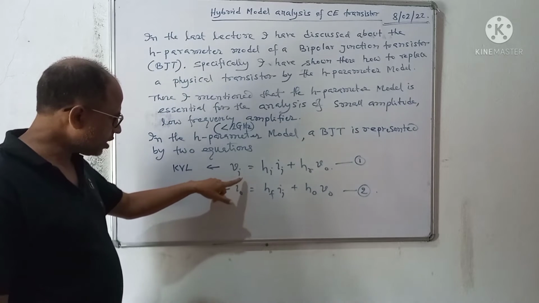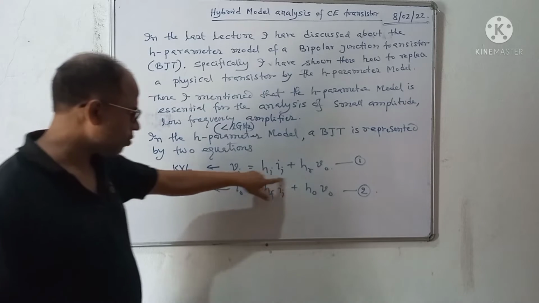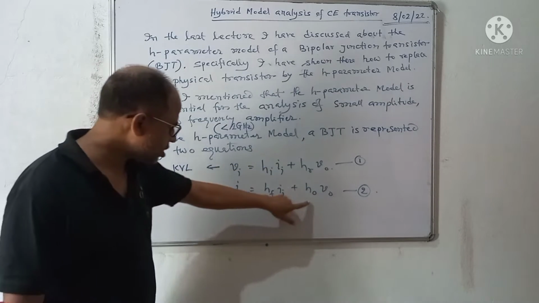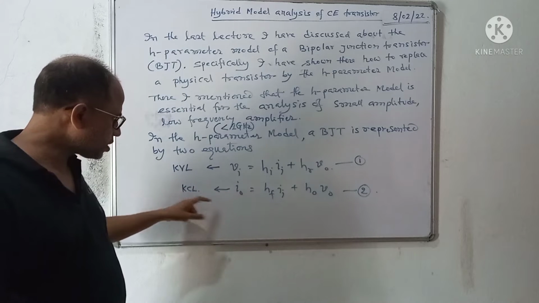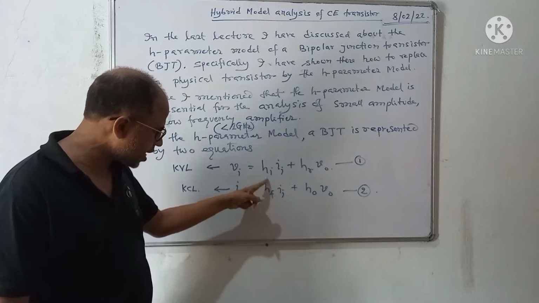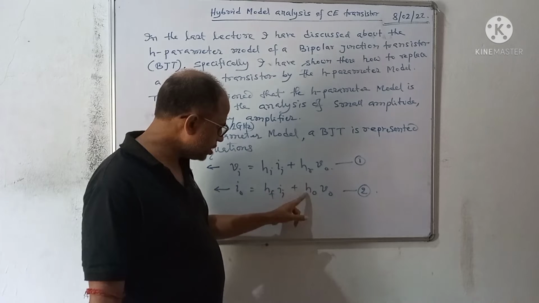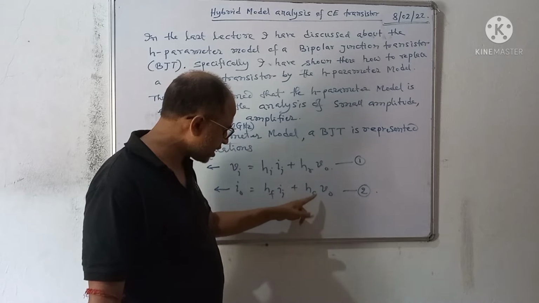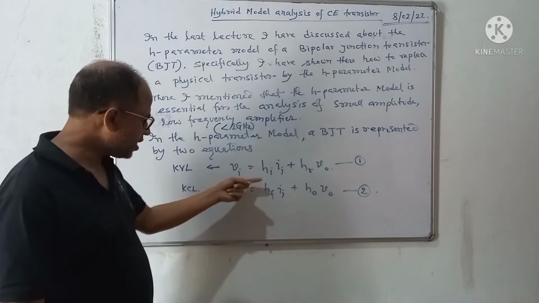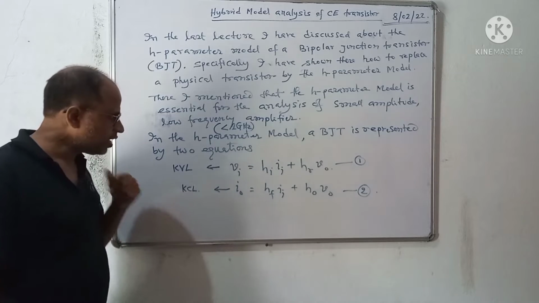Now, the first equation is specifically Kirchhoff's voltage law, and the second equation is Kirchhoff's current law, because this term is current, and this term is also current, because HF is dimensionless and HO, current by voltage, cancels out. Therefore, it is the conservation of current, and here it is the conservation of voltage. That's why it is KVL and KCL.